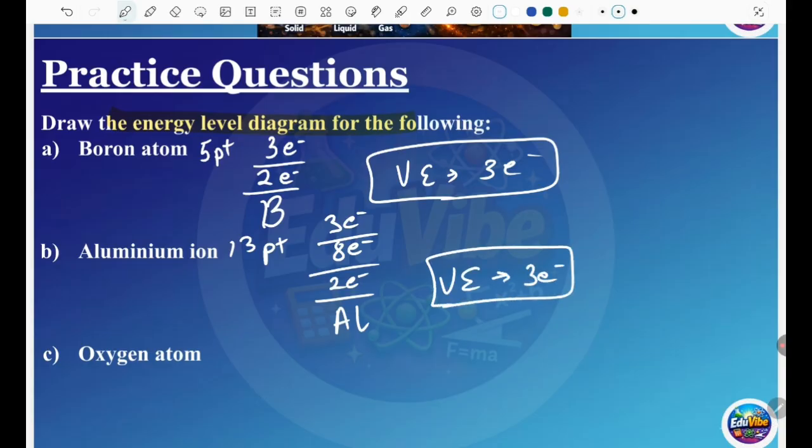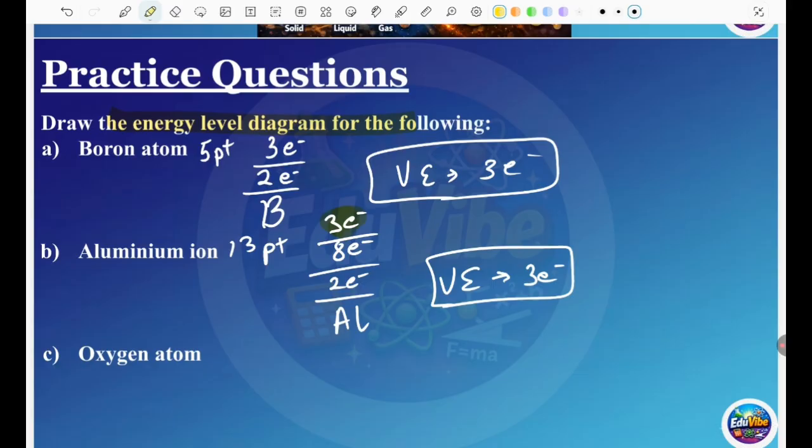Sometimes, from the next lesson, we do other things. In the aluminium case, not like in boron, if the aluminium loses those 3 electrons, we have the 8 electrons in the shell, and it gets a positive charge, and the valence shell now has 8 electrons. But in the boron case, if it loses those 3 electrons, we are left with only 2 electrons.